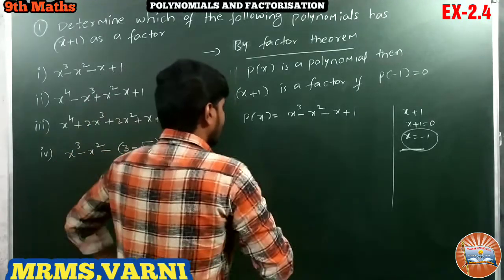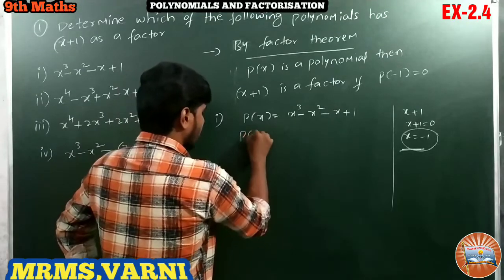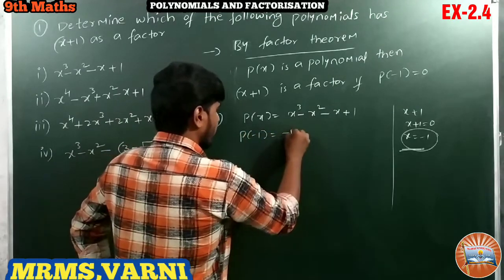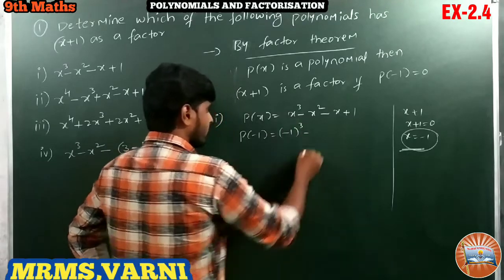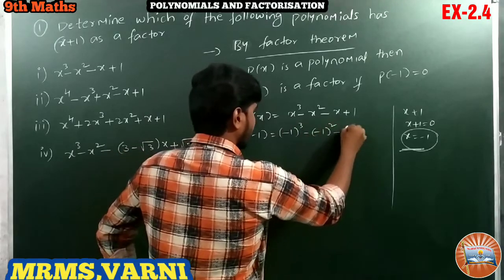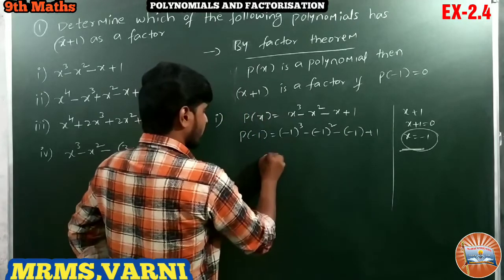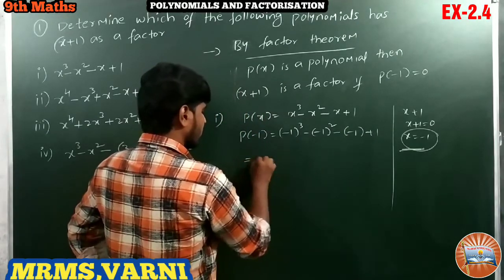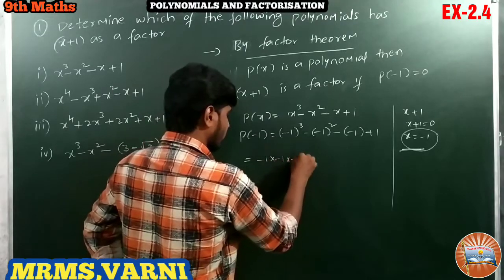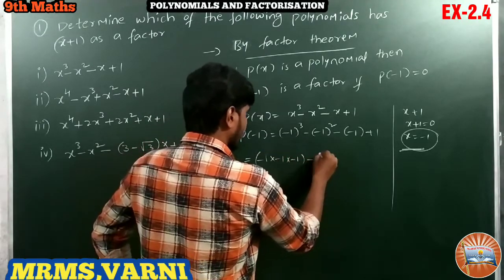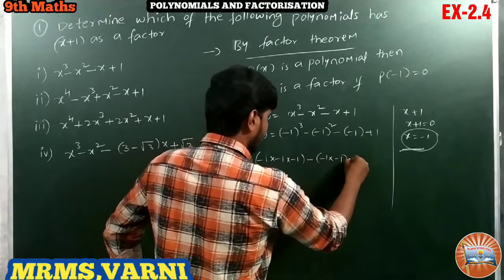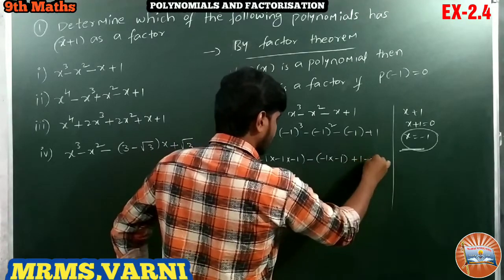Right. So now p of minus 1 is minus 1 cube minus of minus 1 whole square minus of minus 1 plus 1. So what becomes minus 1 into minus 1 into minus 1, minus into minus 1 into minus 1, minus into minus plus 1, plus 1.